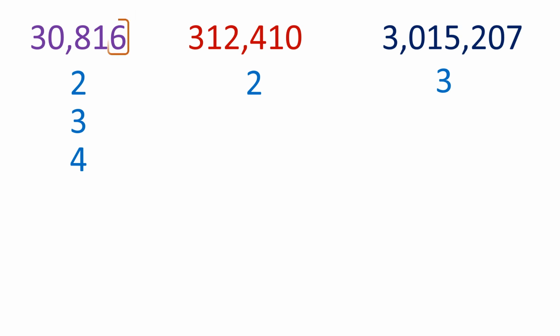The first number ends with 6, so it is not divisible by 5. And we have the second number, which ends with 0. That means the entire number is divisible by 5. And our third number ends with 7, so it is not divisible by 5. So we only have one number that is divisible by 5.